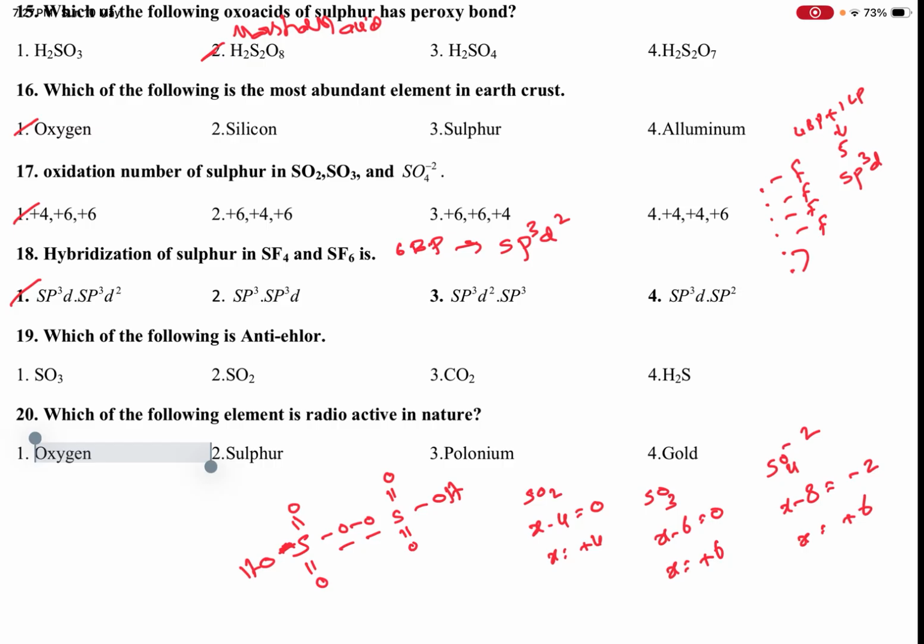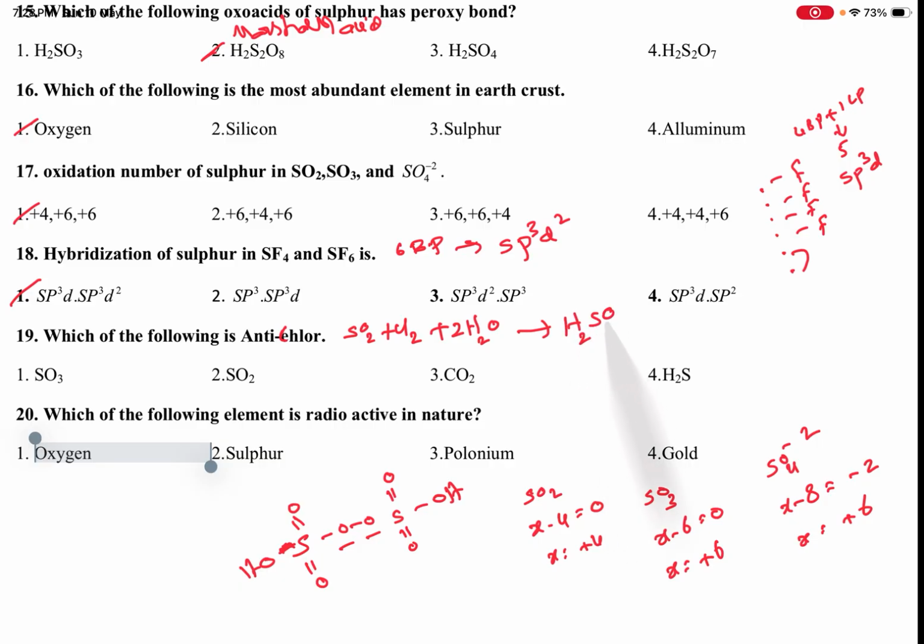Which of the following is an anti-chlor? Anti-chlor means a substance which removes the excess chlorine from materials after bleaching. After bleaching, chlorine reacts with water in the presence of sulfur dioxide, which removes the excess chlorine.